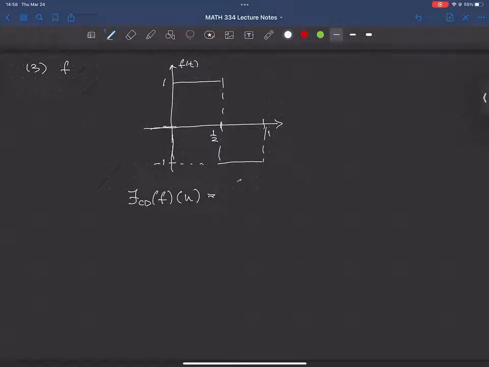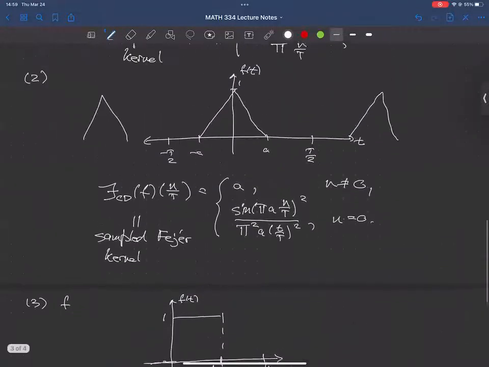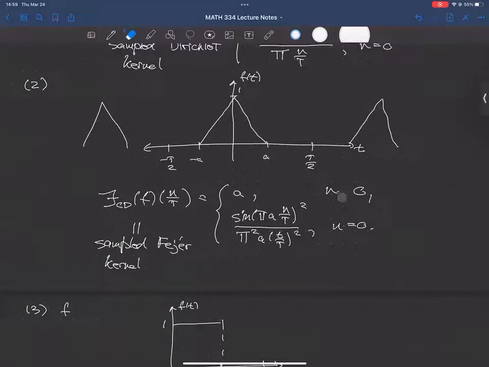When n is equal to 0, this is a special case, and it's just the integral of f, but that's 0 because of the area cancellation. When n is not 0, you do some calculation, and this is what comes out. I think I got these backwards up here, apologies.